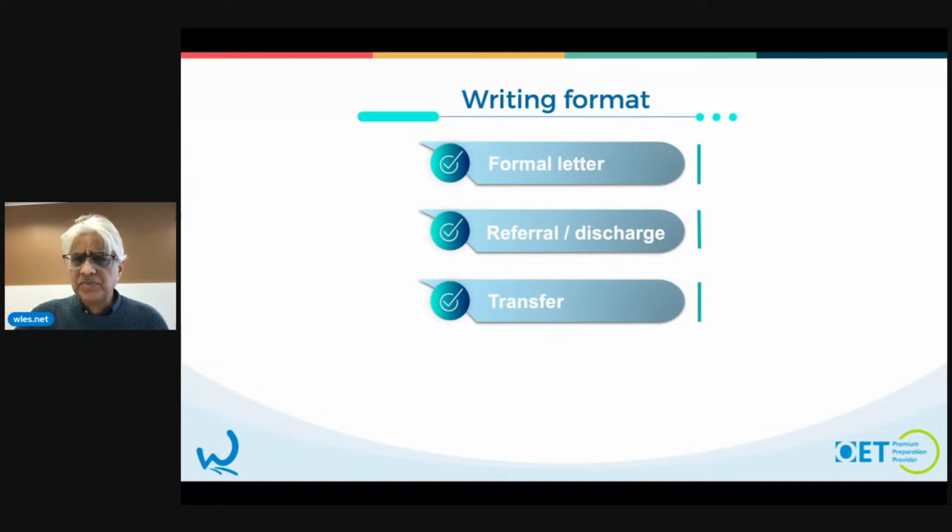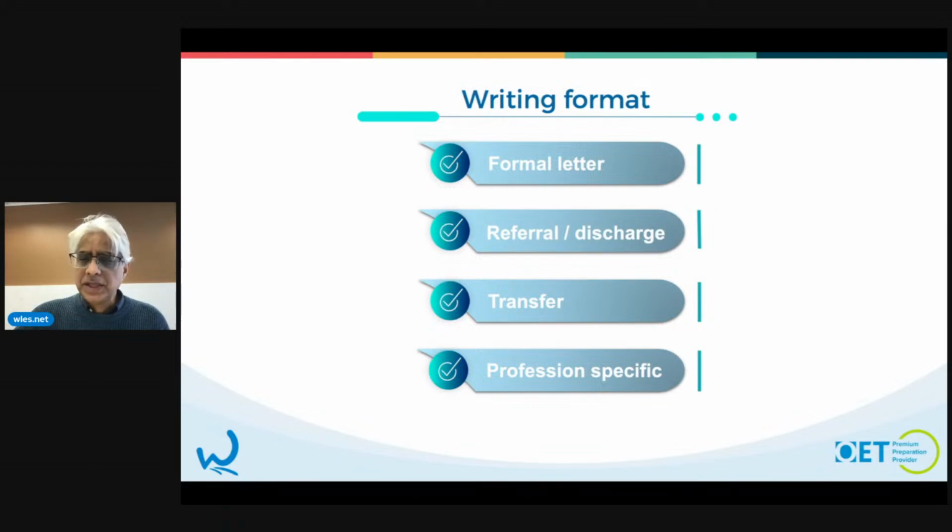I would just say that with some professions, for example pharmacy, it's not that common to write a letter of transfer. Referral and discharge are probably the most common. This is profession specific, so it's a little different from the reading and the listening. Writing and speaking are specific to your own profession.